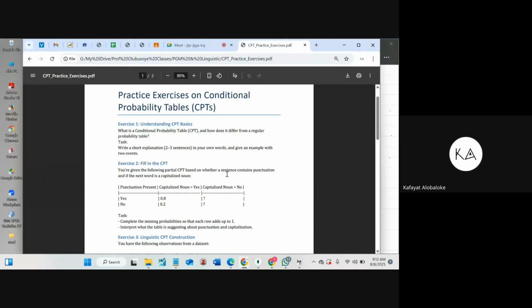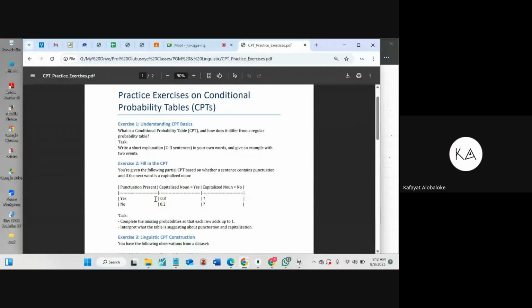Now, based on this table, this is simply telling us the probability that a capitalized noun is the next word, given that there is a punctuation present, that is this 0.8. Do you get that, Mustafa?